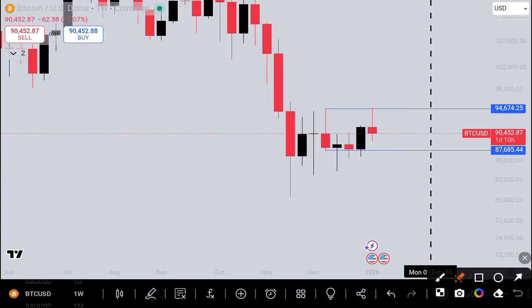You could hear people calling it turtle soup, or the power of three. But this is a reversal signal. It shows that yes, there were sellers, but the sellers couldn't continue below this range and price went up. It's also still possible for price to close within this range and still flush back down.